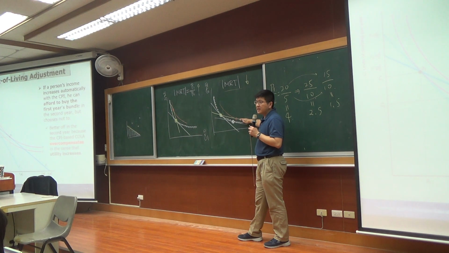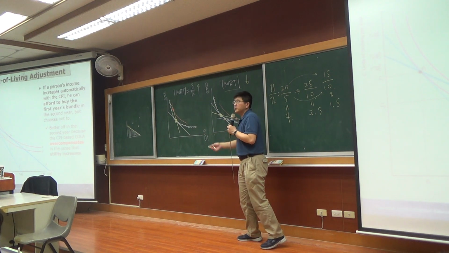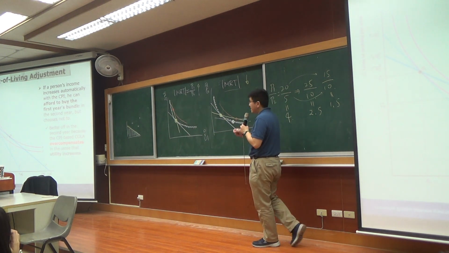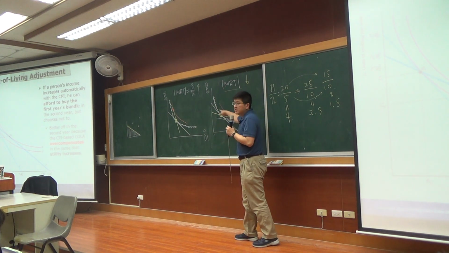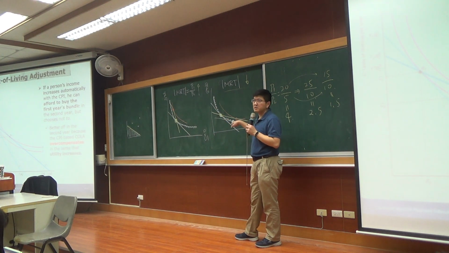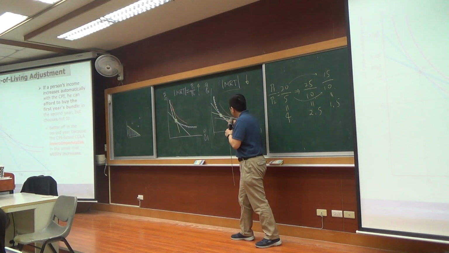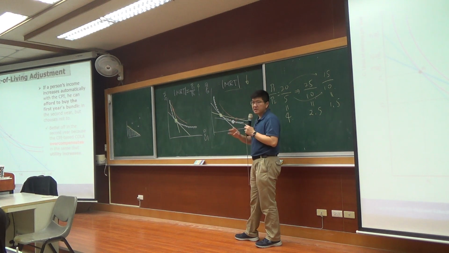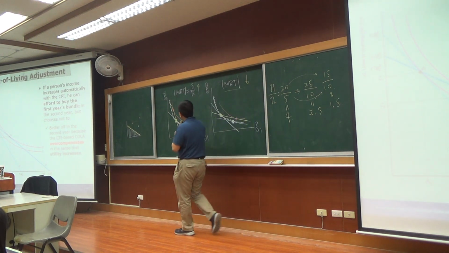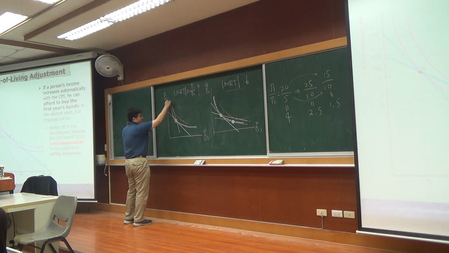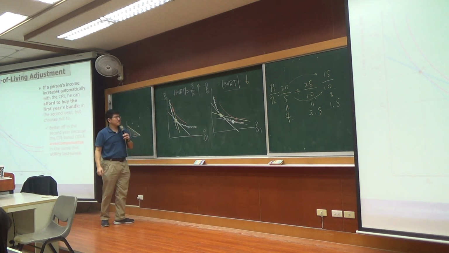If you do not want to compensate too much or too little, exactly the same utility level as he or she was, then you just compensate to this level, or to this level, and then it's enough.